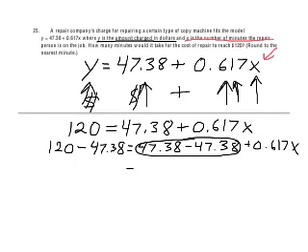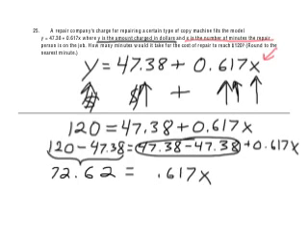So over on this side we have 0.617x, and I just can't stand these zeros, so I'm just going to erase it. It doesn't do anything anyway. Alright, and then I'm going to add these two numbers together, 120 plus a negative 47.38. Okay, so I got $72.62.